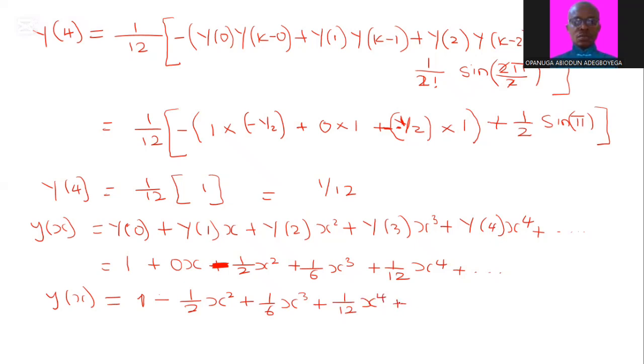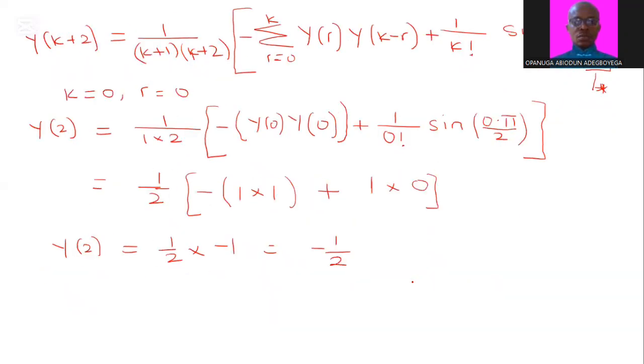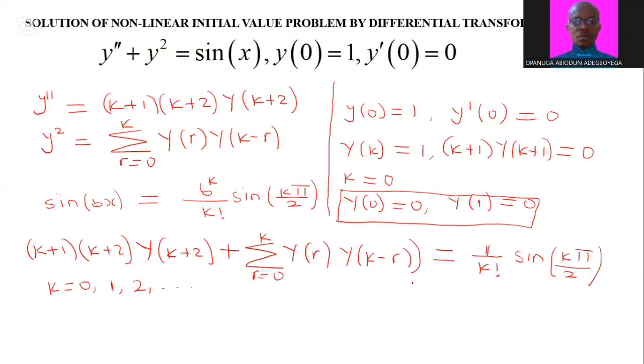So we terminate the series solution at this point. So far, we have been able to solve a nonlinear initial value problem by the method of differential transform. Thank you.